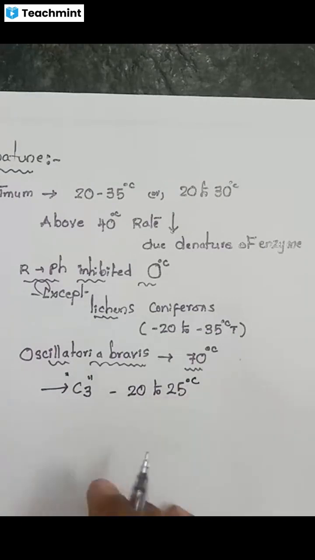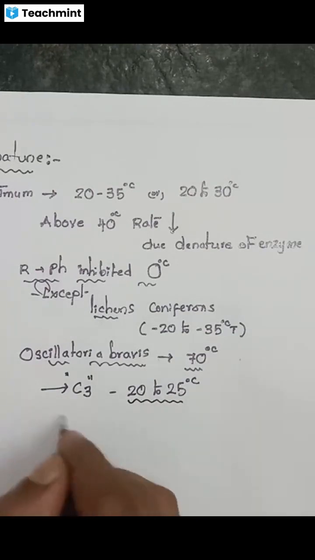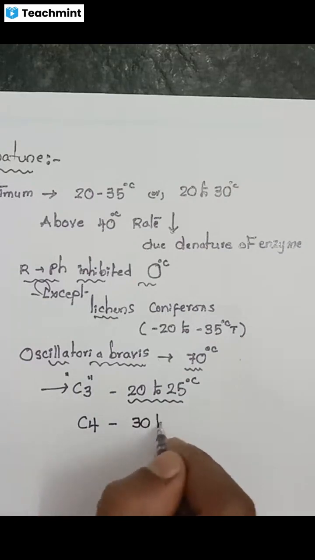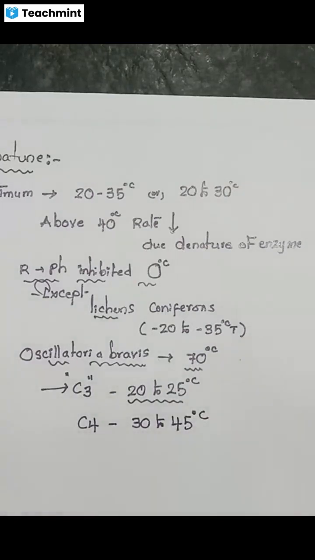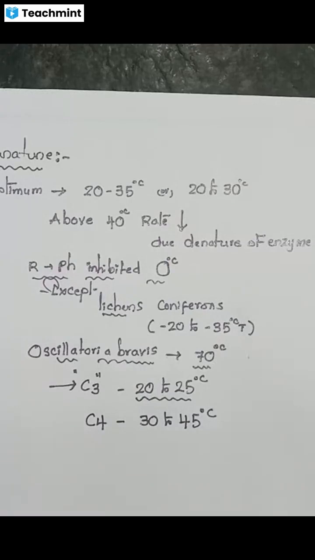The optimum temperature of C3 plants is 20 to 25 degrees. In C4 plants, it is about 30 to 45 degrees.